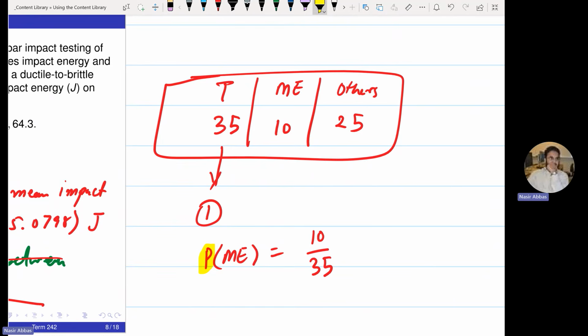What does probability measure? Uncertainty. Uncertainty is before selecting. After I select, no more uncertainty, no more probability. Now Mustafa is either from mechanical engineering or not. Probability is measuring the uncertainty before I select, before I observe.